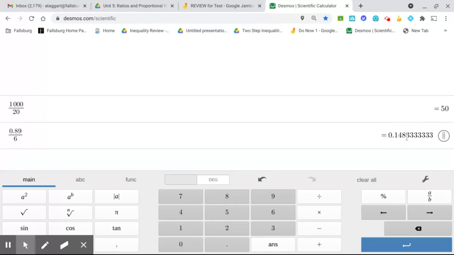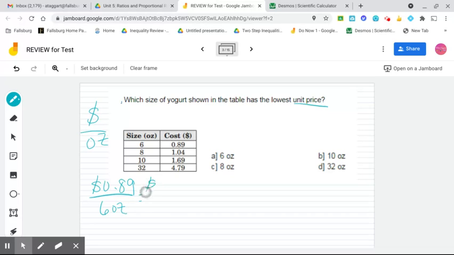Okay, so 5 or above, give it a shove, which means this 4 is going to become 5. So it's approximately 15 cents per 1 ounce. Okay, so again, this one is 15 cents per ounce.